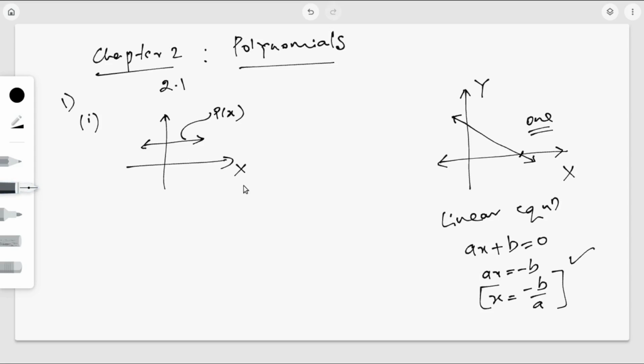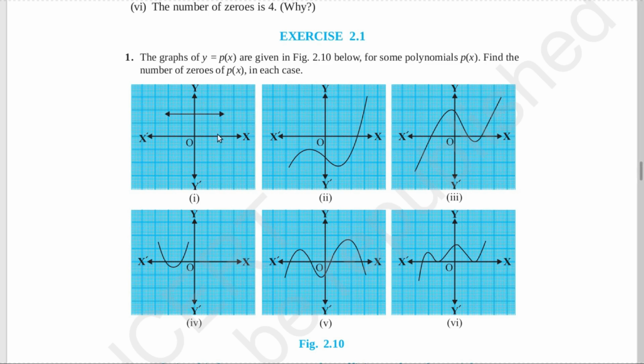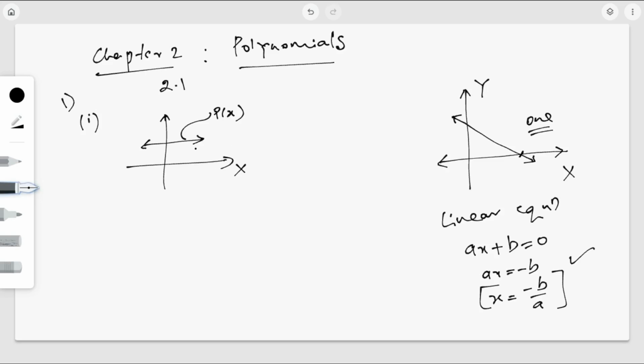In this first question, the polynomial is parallel to the x axis. So if it is parallel, then definitely it won't intersect the x axis at any point. If there is no intersection point, then the number of zeros in this case will be none or 0. We don't have any zeros or solution for this polynomial.